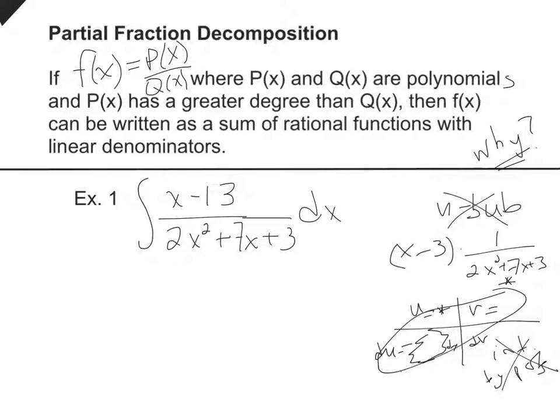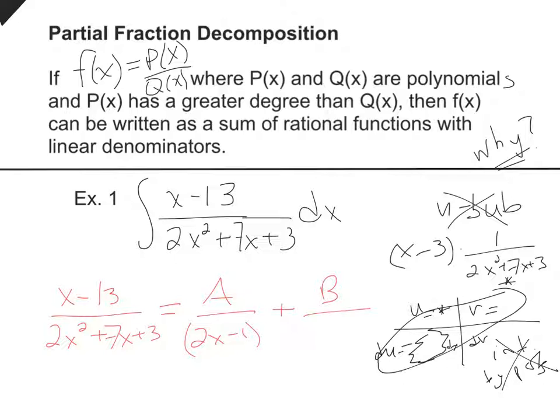However, if we can come up with a clever way to rewrite this rational function, then we can use u substitution. That's where partial fractions comes in. We take this integrand and say we can rewrite it as something over its first factor. I'm just going to factor this quickly. It's 2x minus 1 and x minus 3.